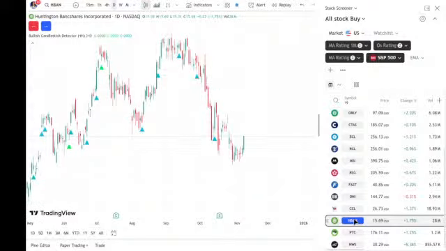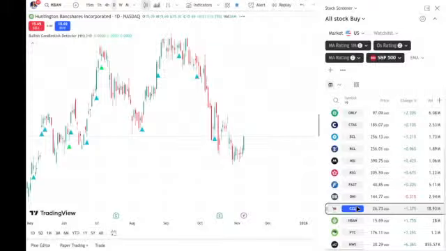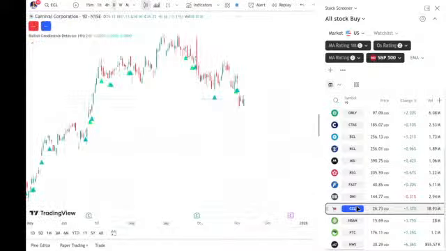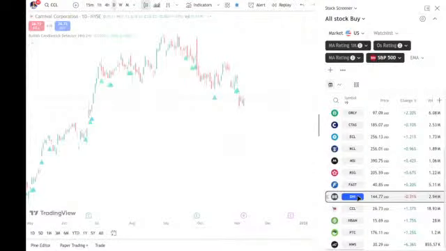So there's a monthly rating and two daily ratings. Basically, the moving average rating on the month is a strong buy. The moving average rating on the day is a strong sell. Then the oscillator rating on the day is a strong buy as well.